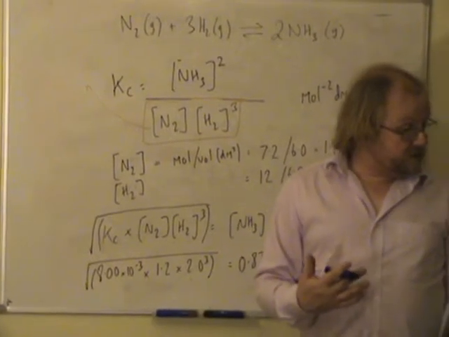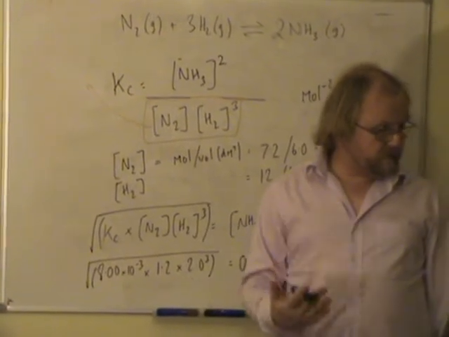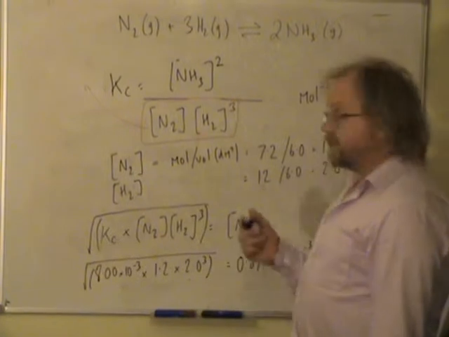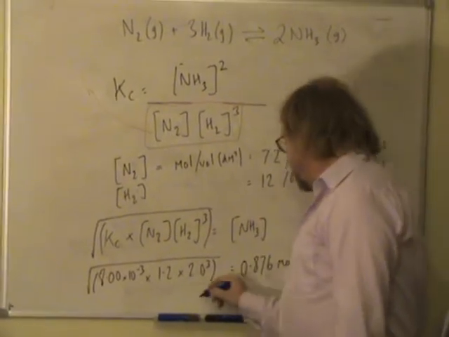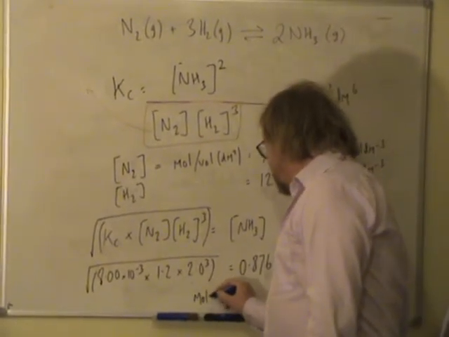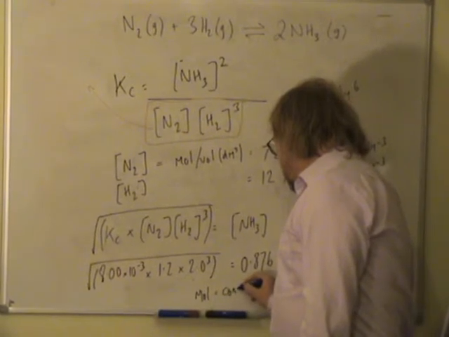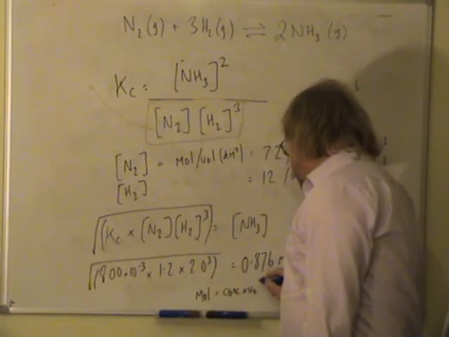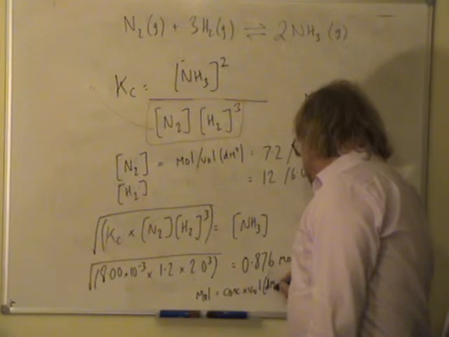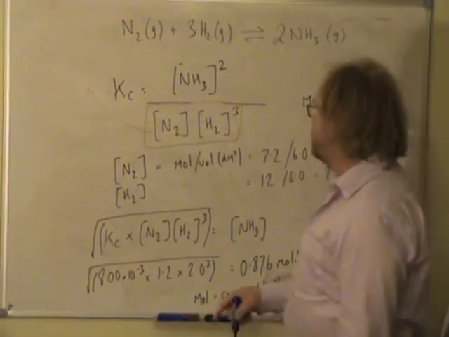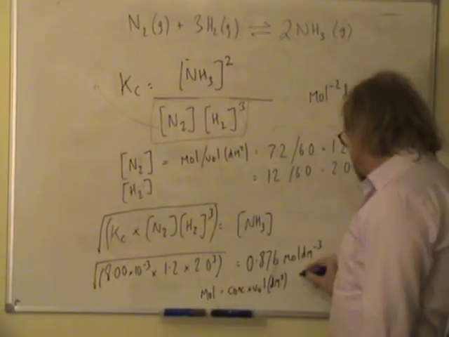But then that's not what it asked for. It wanted the actual amount in moles. So the final step is to remember that moles is equal to concentration times volume in dm cubed. So we've got to multiply that number by 6, because remember our volume was 6 dm cubed.